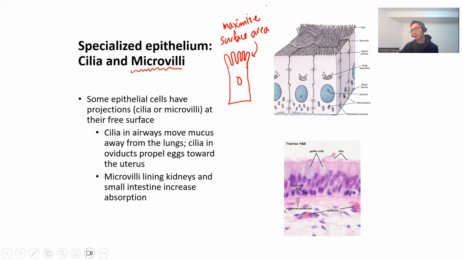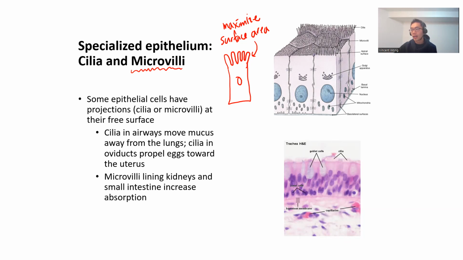They don't really move. The cilia will beat back and forth to help move things along, but the microvilli don't move. They are just these finger-like projections that help increase the surface area available, usually for absorption. So that's it for now.